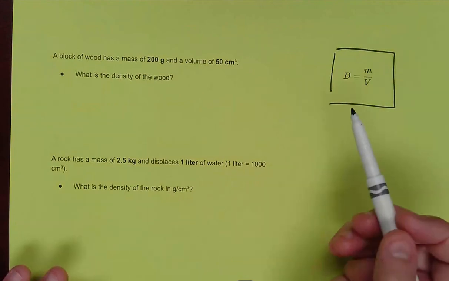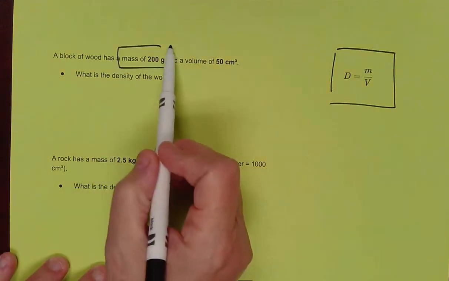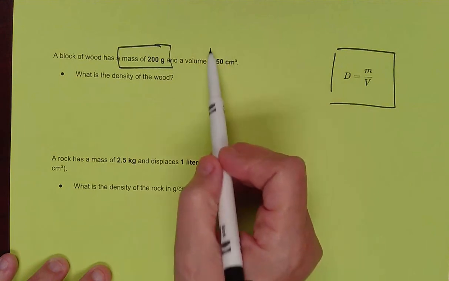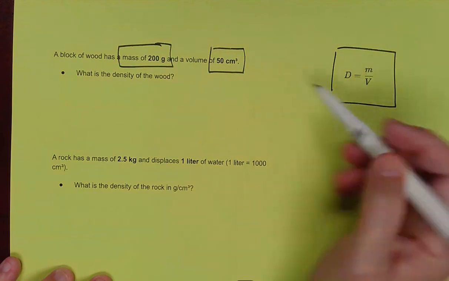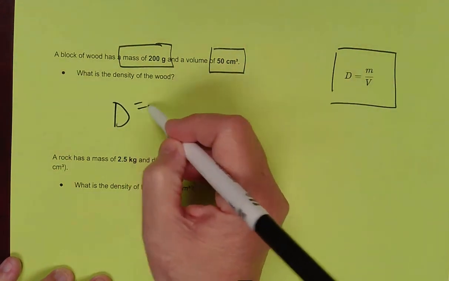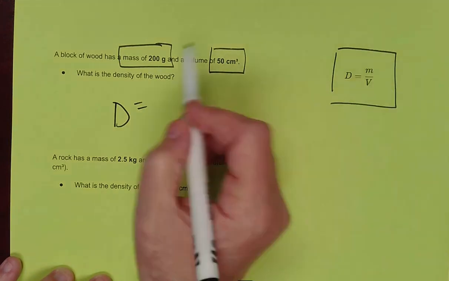So in this case, when I look at this question, a block of wood has a mass of 200 grams and a volume of 50. What is the density of the wood? So if I use this formula, density equals mass divided by volume. Which number is the mass? 200.